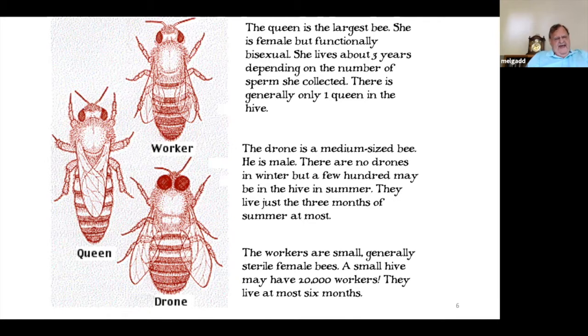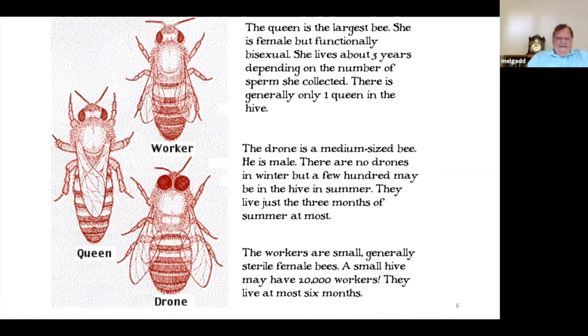So as they age, they move on to the next job. It's not like us where we might do 1 or 2 or 3 jobs in our lifetime. The worker bee will do every job that the bee does. And there's a slide later on that really shows that. At the height of the summer, there will be up to 60,000 bees in the hive.